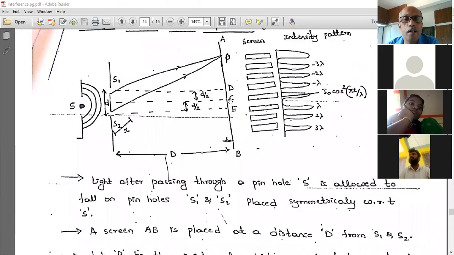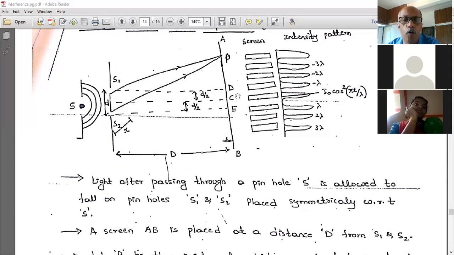Let C be the center of S1 and S2. The distance between C and D is d by 2. S1S2 is equal to small d, and C is the midpoint of DE, therefore DC will be equal to CE, each equal to d by 2.